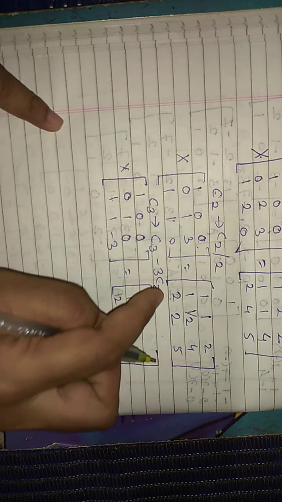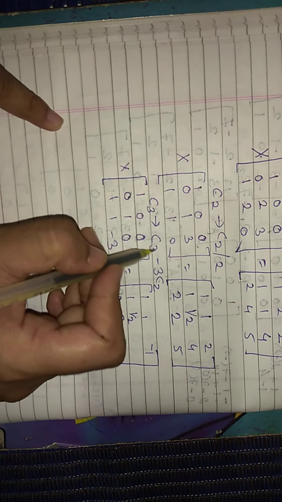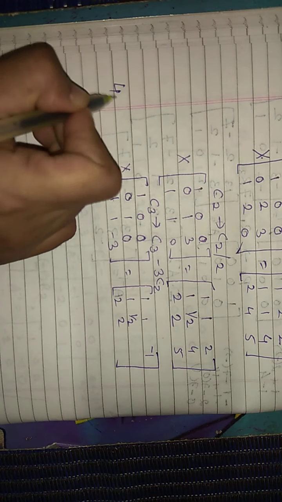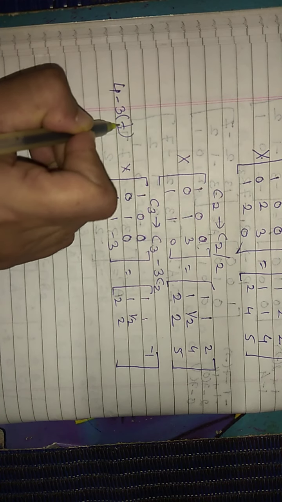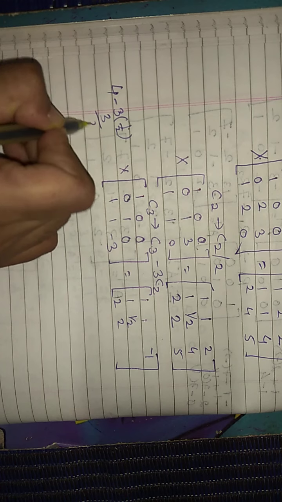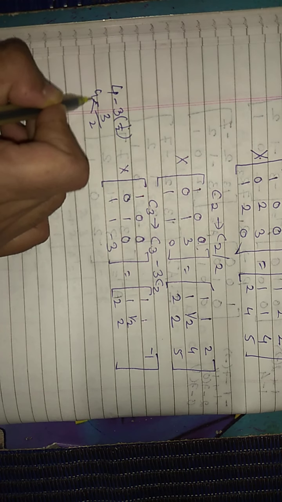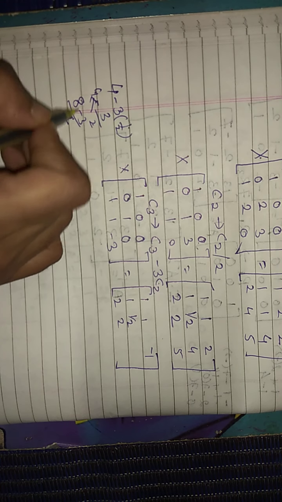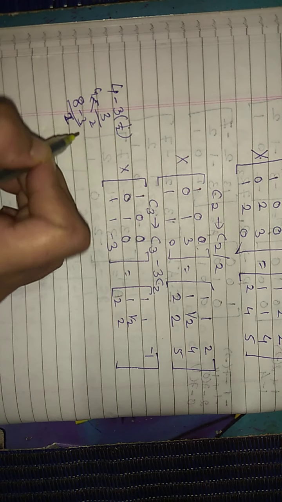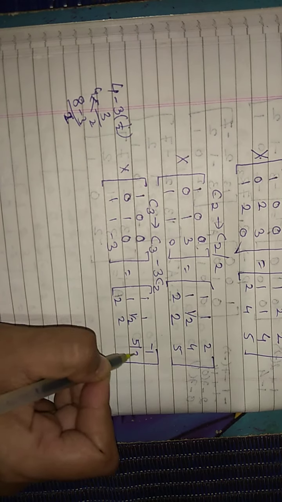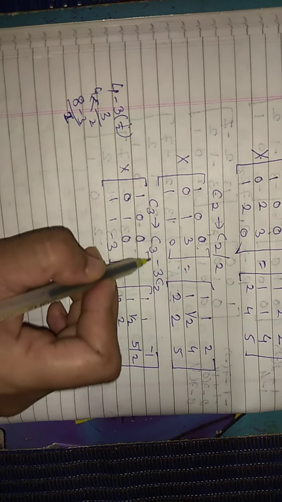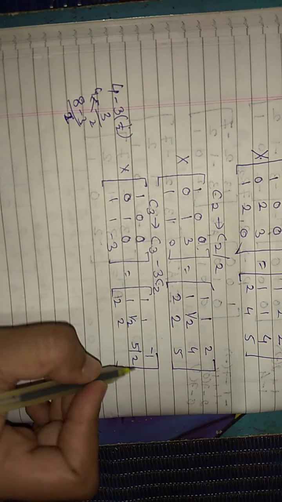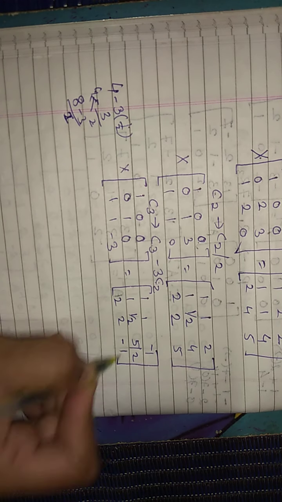So 2 minus 3 is equal to minus 1. 4 minus 3 into 1 upon 2: 3 into 1 is 3 upon 2. So 4 twos are 8 minus 3 upon 2. 8 minus 3 is equal to 5, so 5 upon 2. Same: 5 minus 3 into 2, 5 minus 6 is equal to minus 1.